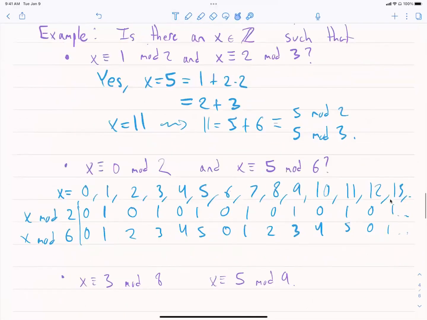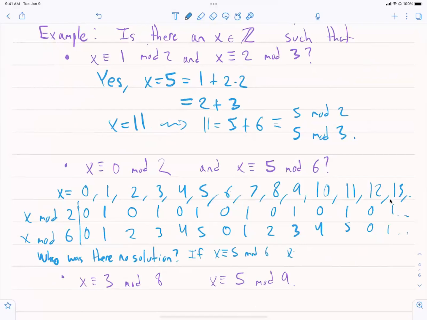I mean, you can think about it abstractly. So why was there no solution? Say I wanted to write down a justification. Well, you could write down some version of what I just said, or you could just observe: if x is congruent to 5 mod 6, then x is equal to 5 plus 6 times q, for some q.